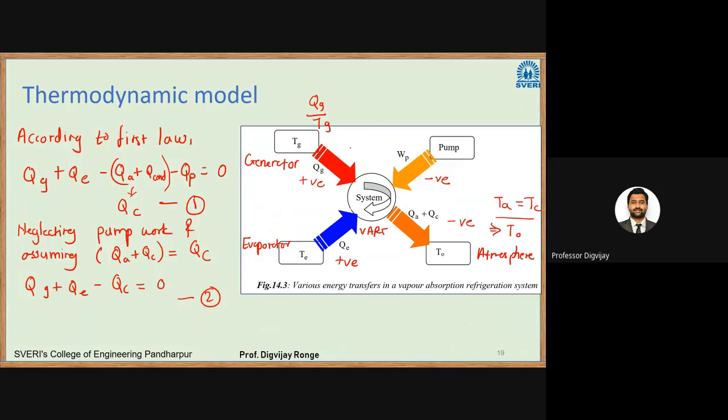Then we have QE, which is transferred at the temperature of TE. Then we have QC, which is transferred at the temperature TO, so that is minus QC divided by TO. If I neglect the pump work, this will be equal to 0. So this will be our equation if I consider the Clausius inequality.